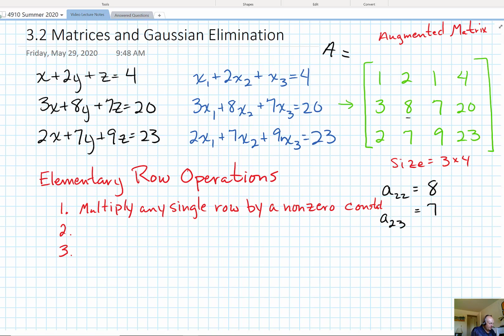Now I will say this, we will do that, but remember we can multiply them by fractions. So for instance, I could multiply this row by 1/3, and the reason I might do that is because I want a 1 in that position, right? Messes up everything else, but sometimes we multiply by fractions. The second elementary row operation that we're allowed to do is to interchange any two rows.